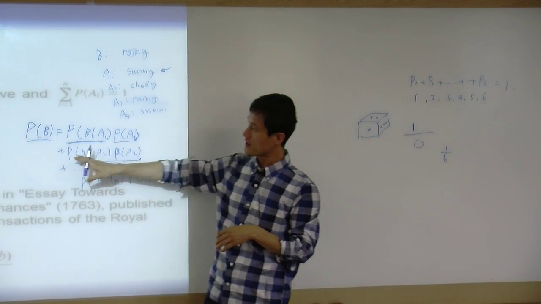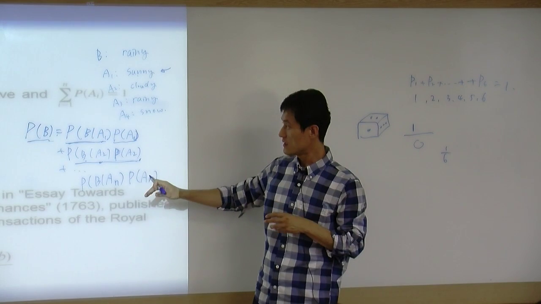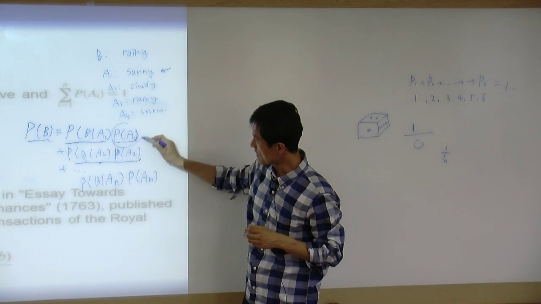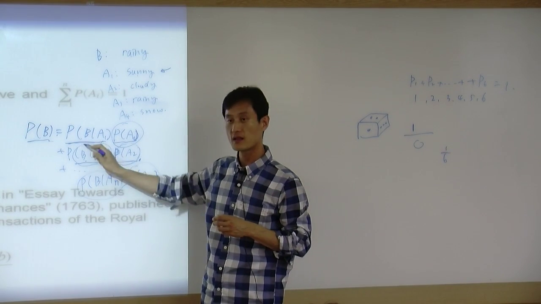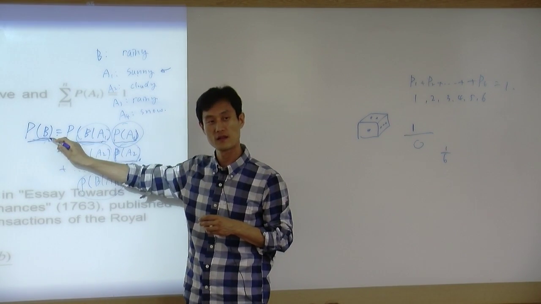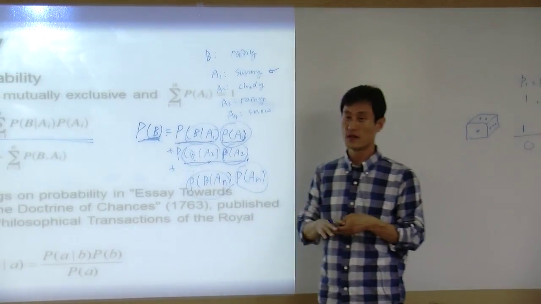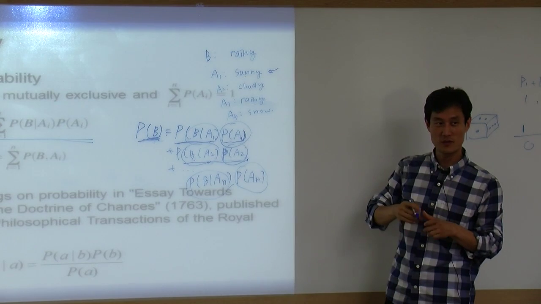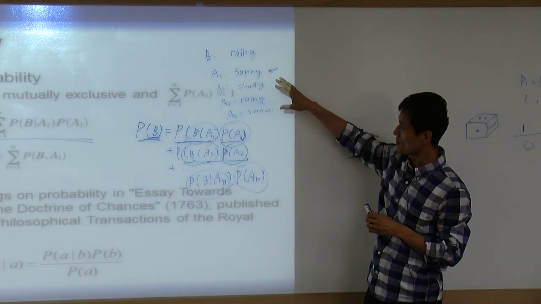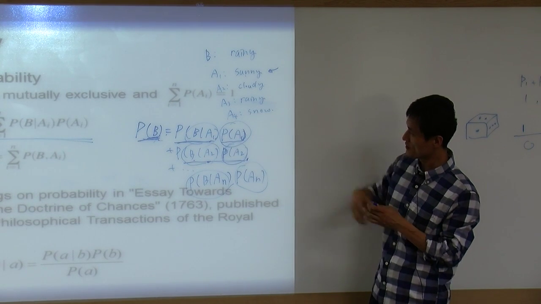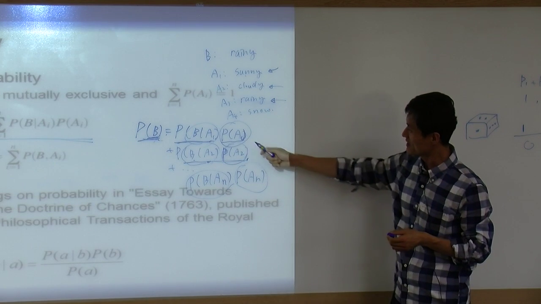The reason that we rewrite this equation this way is that typically this probability and this probability are very easy to get, but this one is very difficult to get. Actually, in this example, maybe it's not a good example, because here and here are not easy to get.